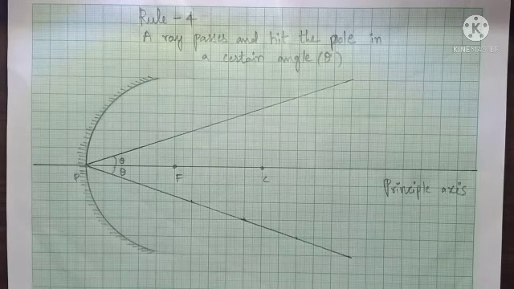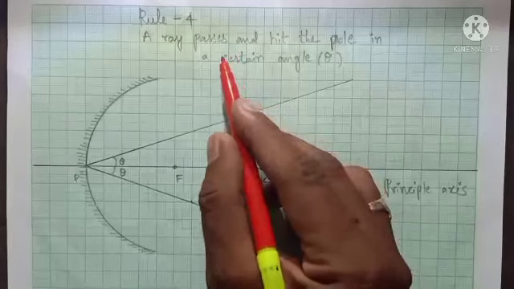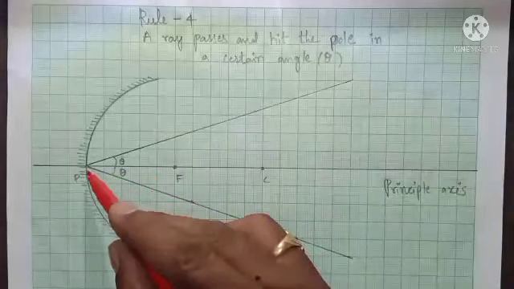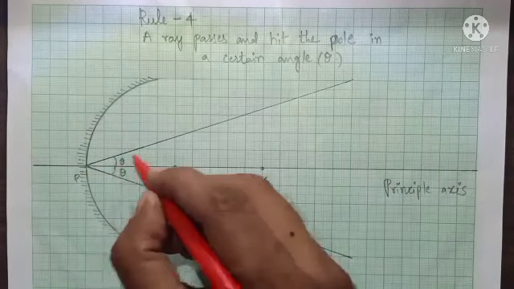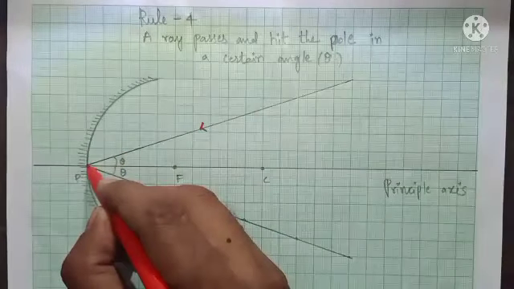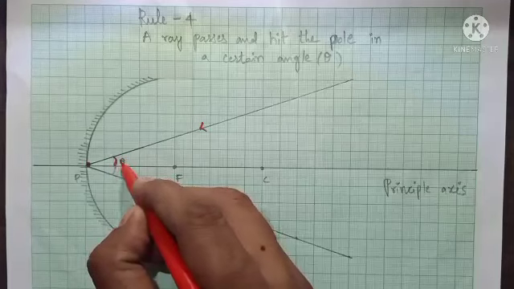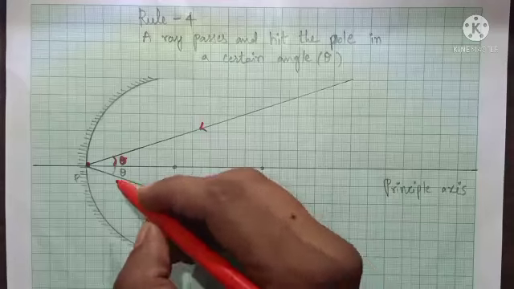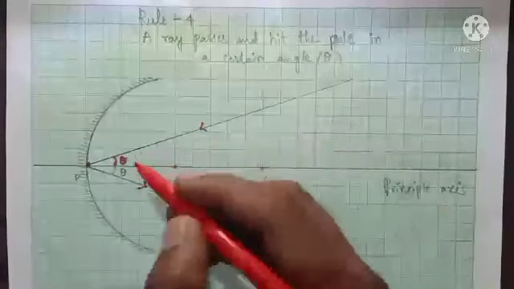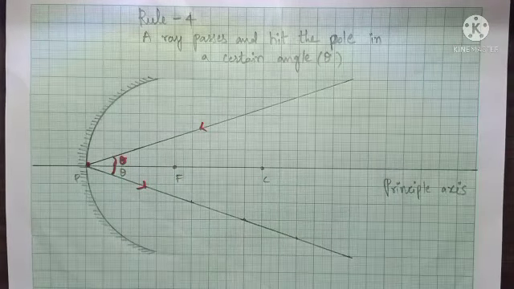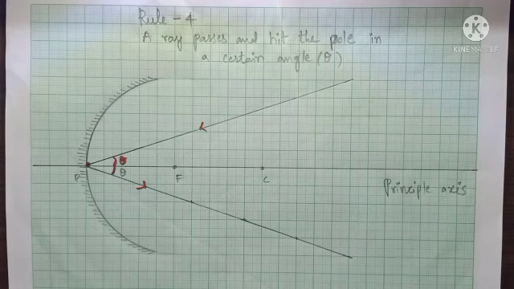Now the rule number 4, a ray passes and hits the pole of the mirror at a certain angle. Now this is a ray passing through and hitting the pole at a certain angle theta. After reflection, the ray gets the same angle and passes.